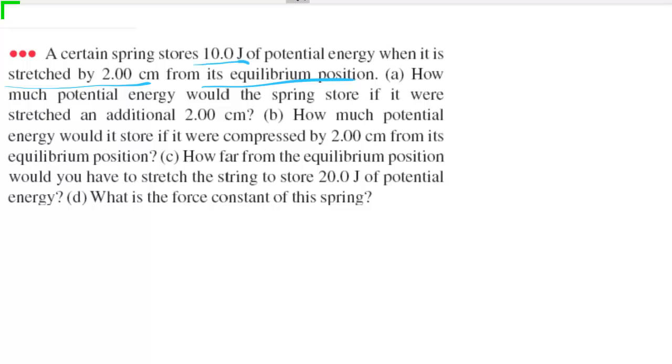So we know that the elastic potential energy associated with the spring, PE elastic, is equal to 1/2 times k, the spring constant or force constant, times x, which is really like a delta x. It's how much it's stretched or compressed from its equilibrium or unstretched position, squared.